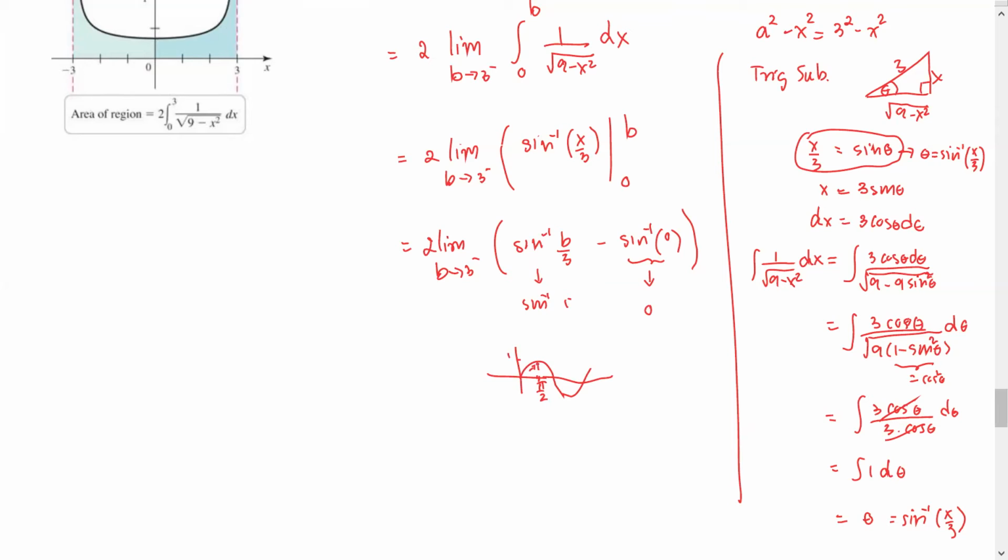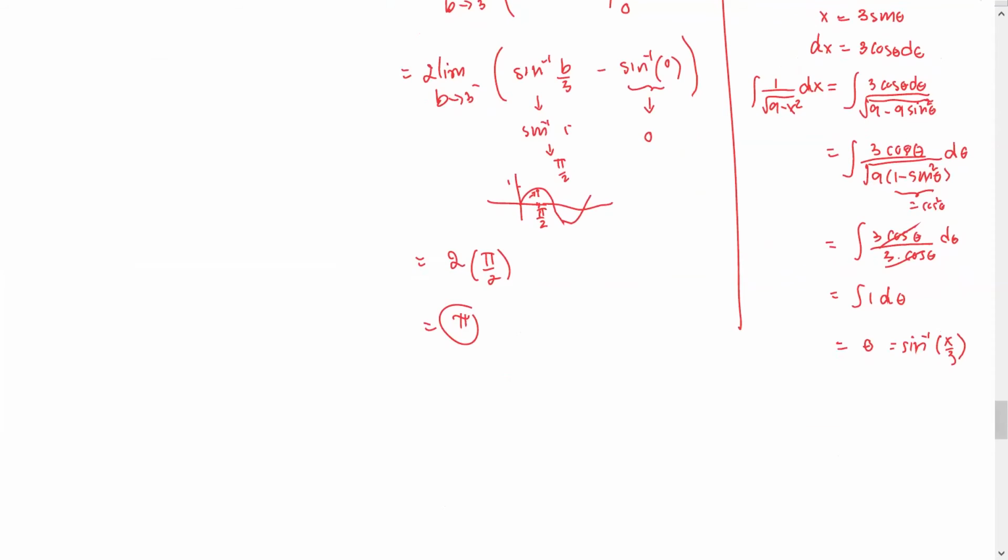So this value approaches pi over 2 from the left. Then the limit value becomes pi over 2 multiplied by the coefficient 2. The answer is pi, which is a finite number.